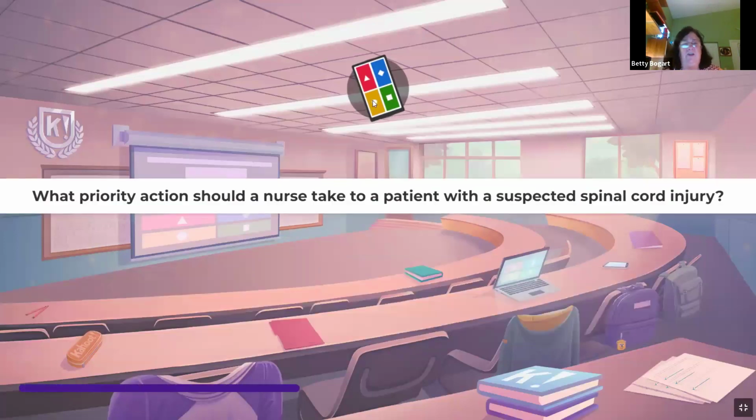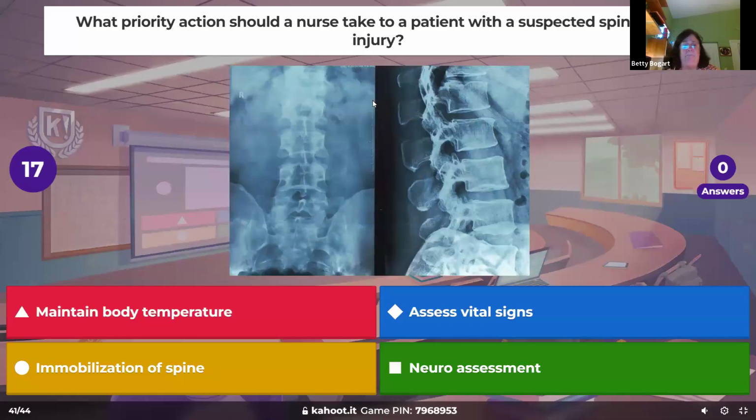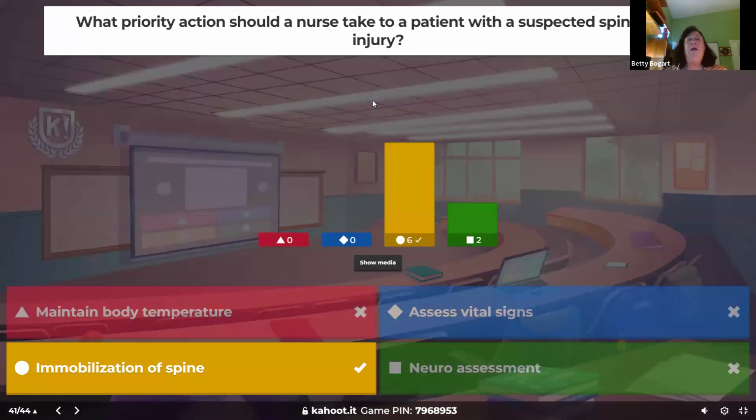What priority action should a nurse take to a patient with a suspected spinal cord injury? And this is priority action. Priority is keeping that spinal cord straight.